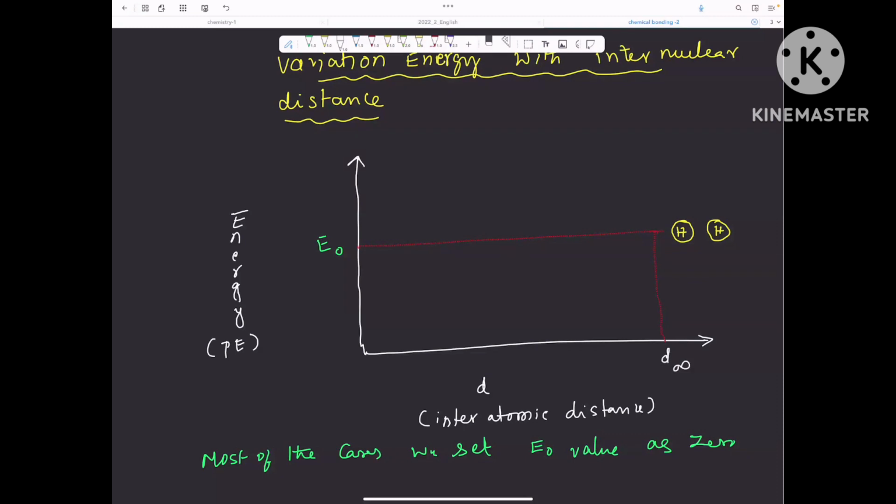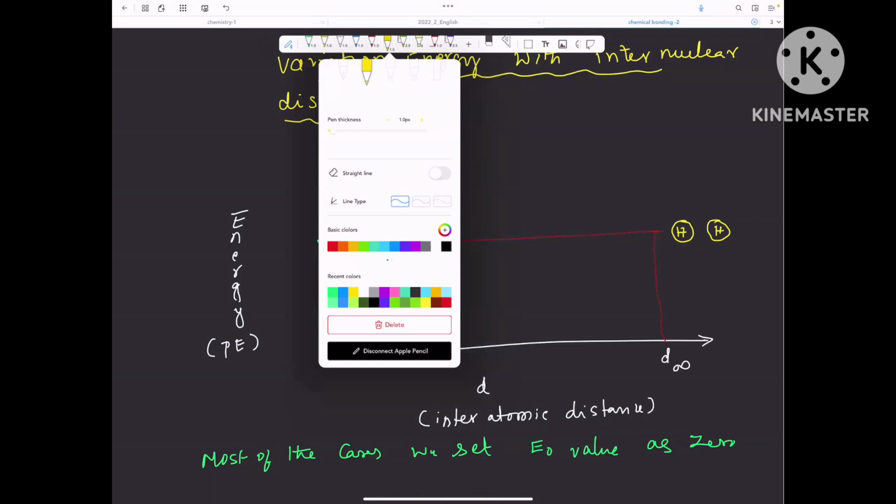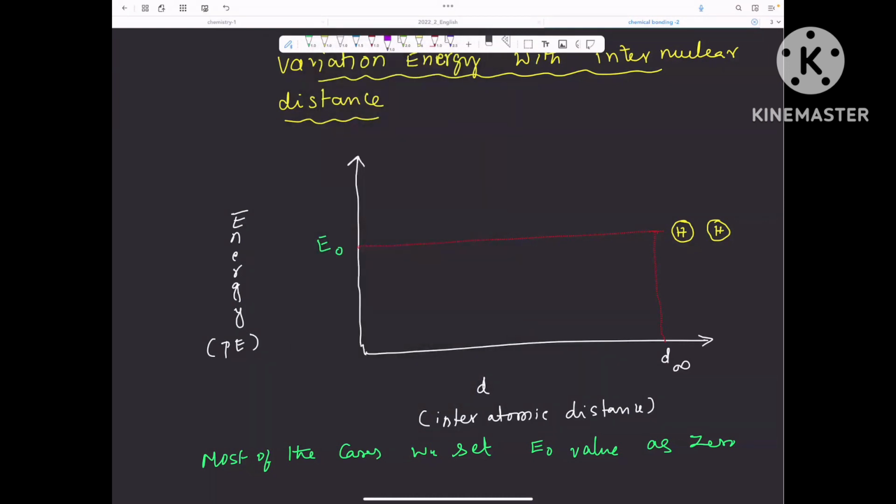Here D infinity means hydrogen atoms are infinitely separated. When two hydrogen atoms start coming closer and closer, what happens? The energy of the hydrogen atoms gradually decreases and reaches a certain minimum value.